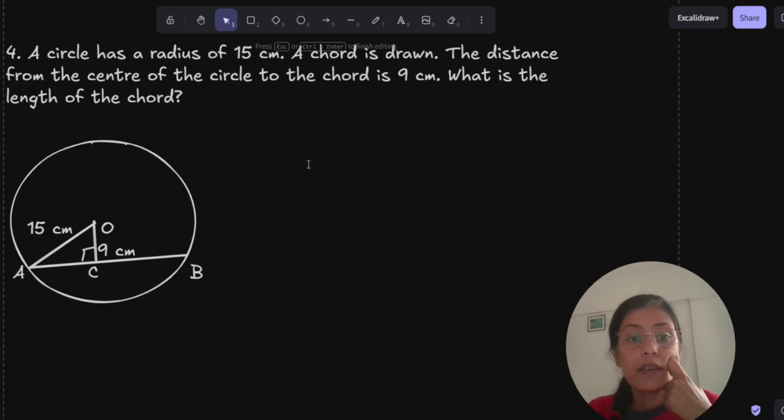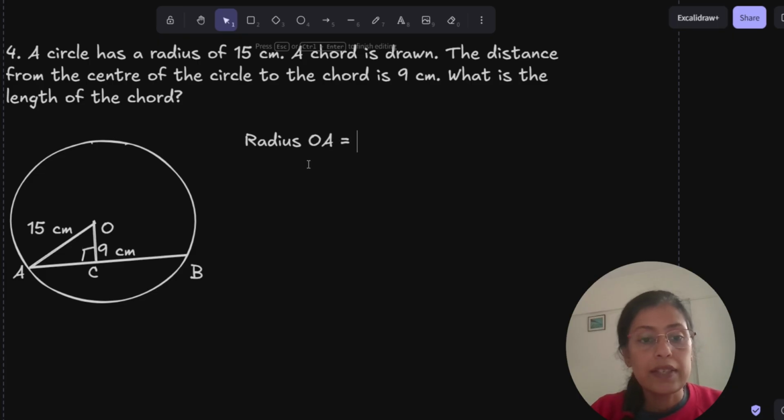So here we have been given radius OA is equal to 15 centimeter. What else is given? Chord AB is drawn, but we have not been given the length of the chord. Then we have been given the distance from center of circle to the chord.